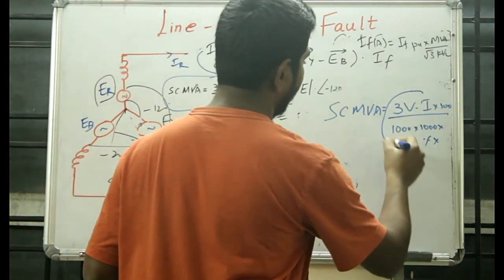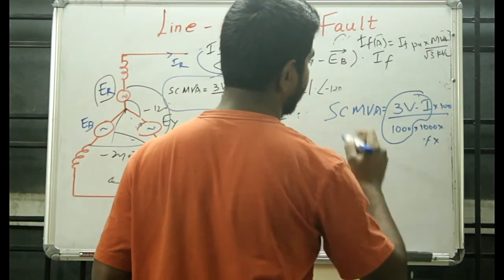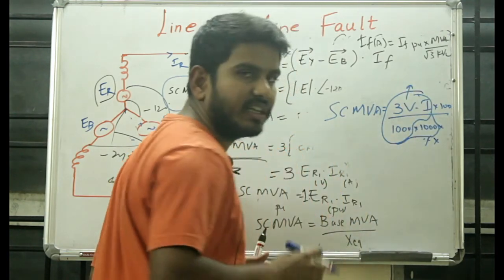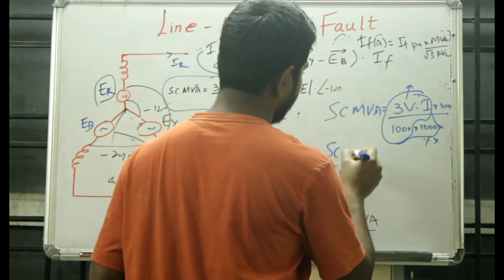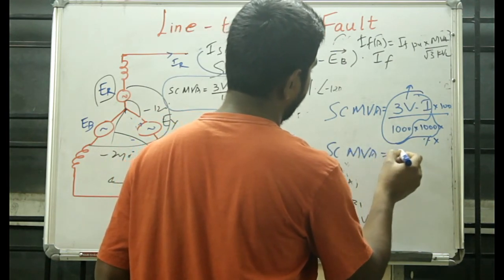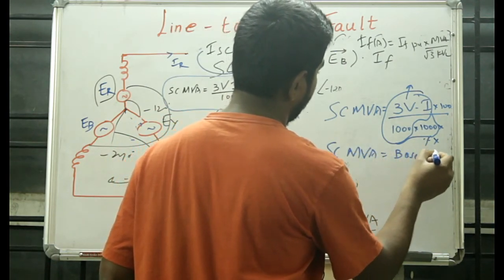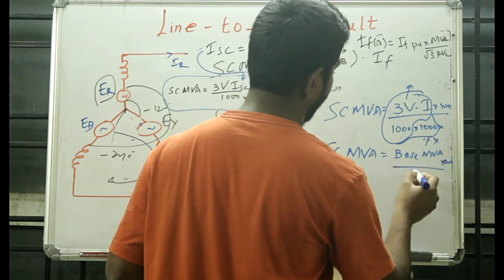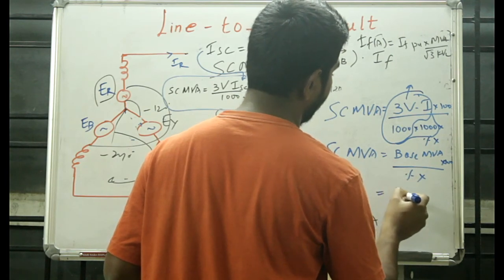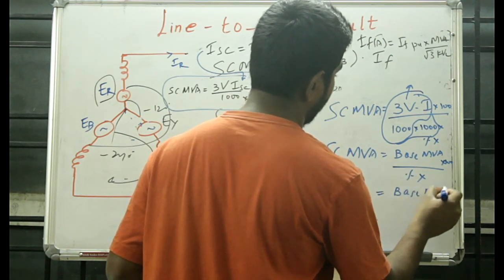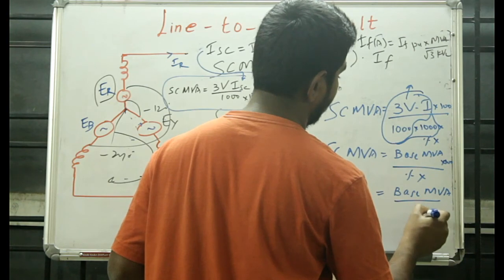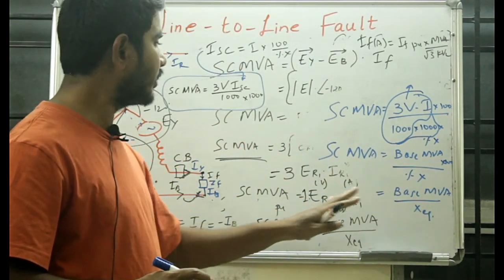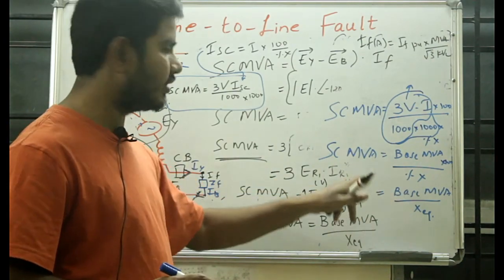Now 3VI, you can include the 1000 also, to make it MVA. This will be short circuit MVA equal to base MVA into 100 by percentage X. Now if you remove the 100, this will be base MVA upon just X equivalent, and this is in per unit only. So in this way also you can find the short circuit MVA.